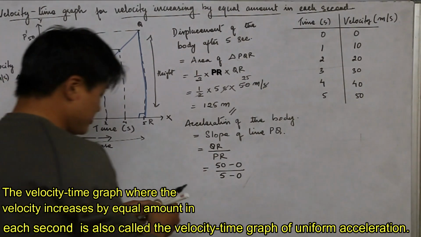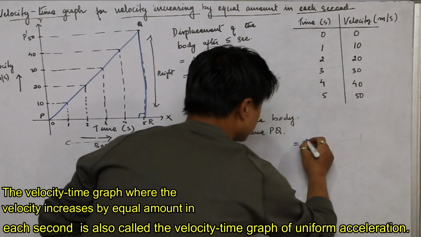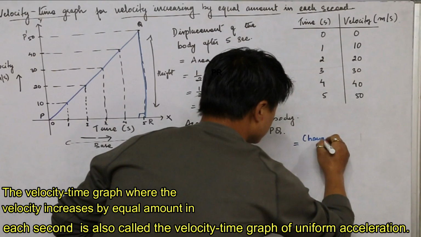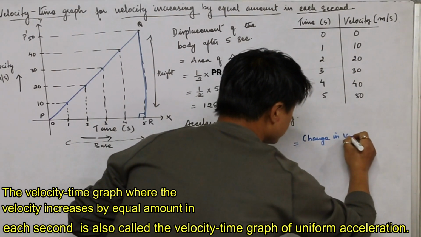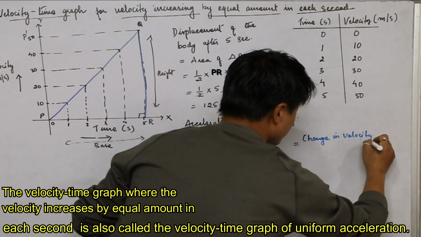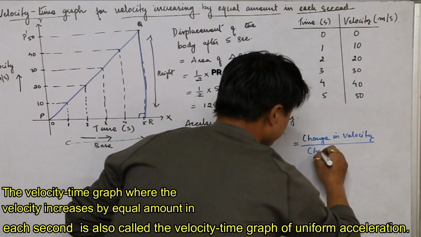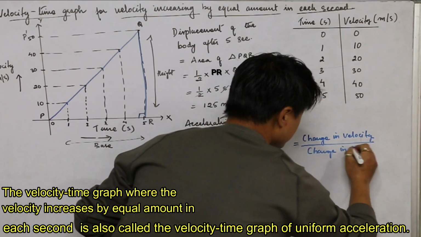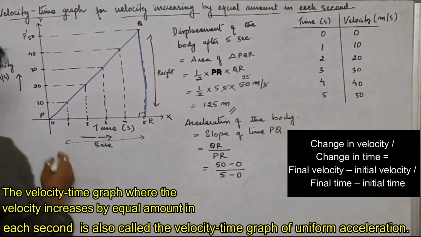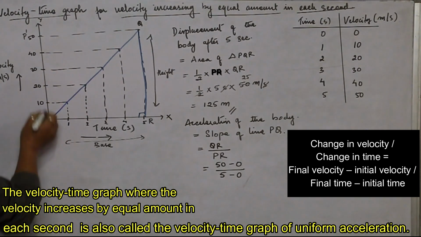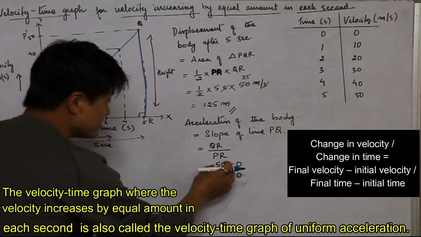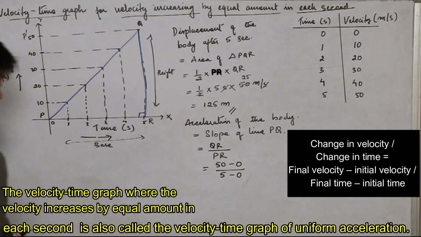Acceleration, actually we can use another formula also. It is your change in velocity divided by change in time. The initial velocity is 0, final velocity is 50, so that is final velocity minus initial velocity.